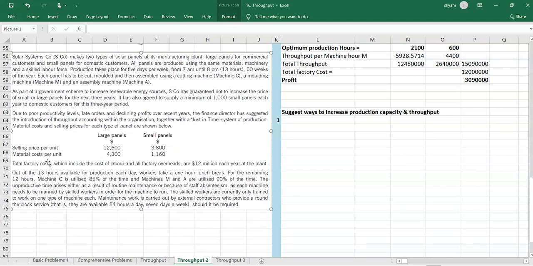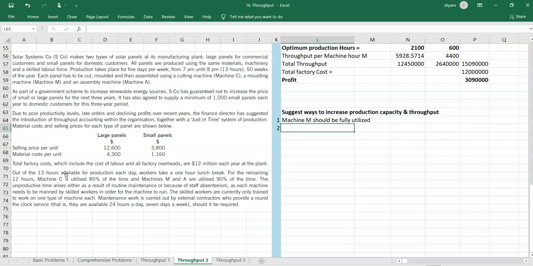If you see here, they tell us the machines are not utilized fully, so that we can tell. So machine M should be fully utilized. Okay, that is the first one we could tell.